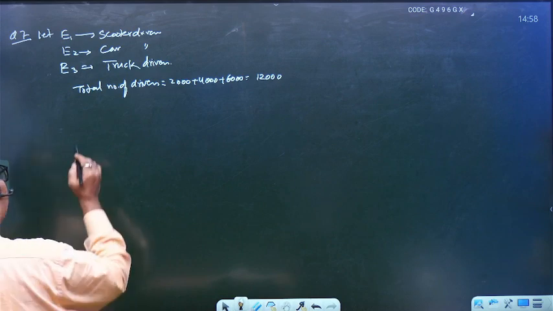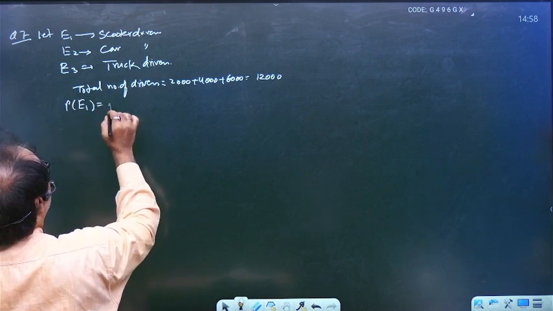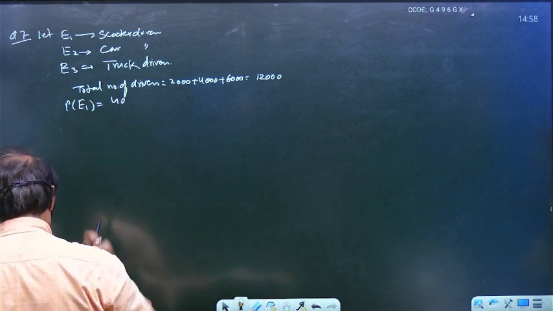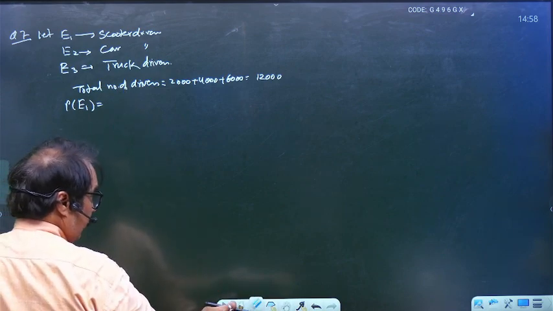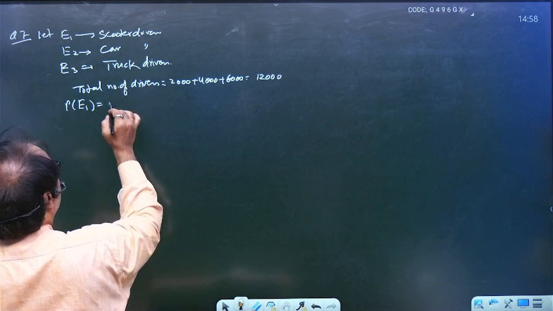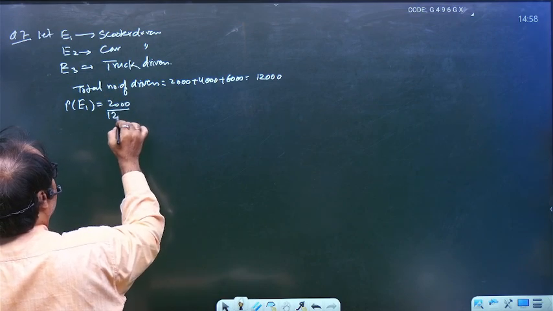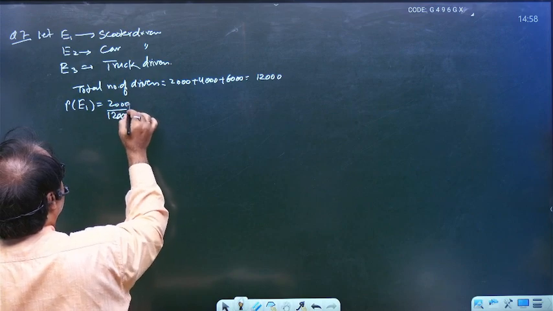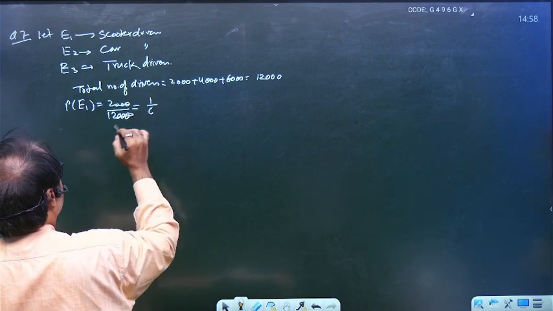So probability of E1, that is 2,000 divided by 12,000. So this cancels, so 1 by 6, right?